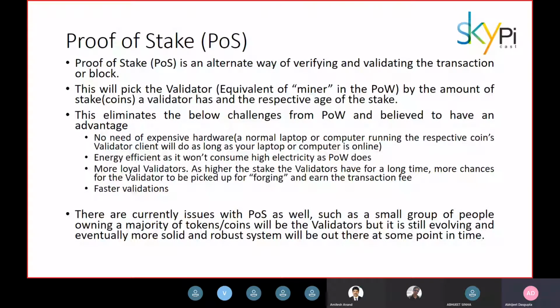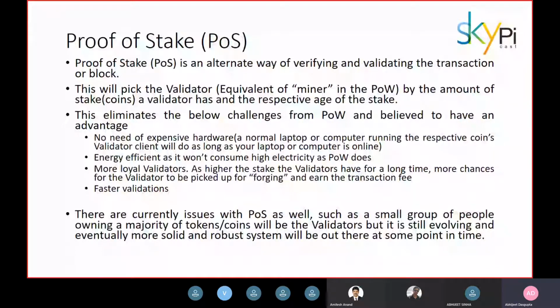If we look at these four points that we just discussed, it seems that proof of stake has a lot going over proof of work. But the actual scenario is that the entire proof of stake algorithm is still not proven, and there are currently issues with it, such as a small group of people owning a majority of the tokens and coins, who will be the validators and can manipulate the entire process.